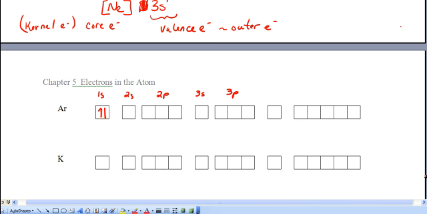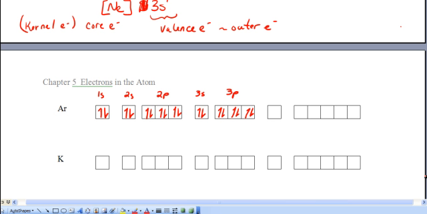Argon has 1, 2, 3, 4, 5, 6, 7, 8, 9, 10, 11, 12, 13, 14, 15, 16, 17, 18 electrons.